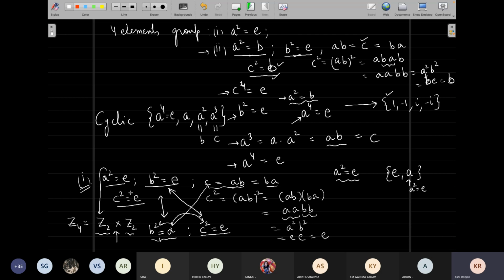For example, A square E and B square E. And since C is constructed out of AB, I am not going to write anything new. So this kind of structure is one possible structure for a four element group. Another possible structure is the one which we have given here, which is nothing but a cyclic structure. Fine.